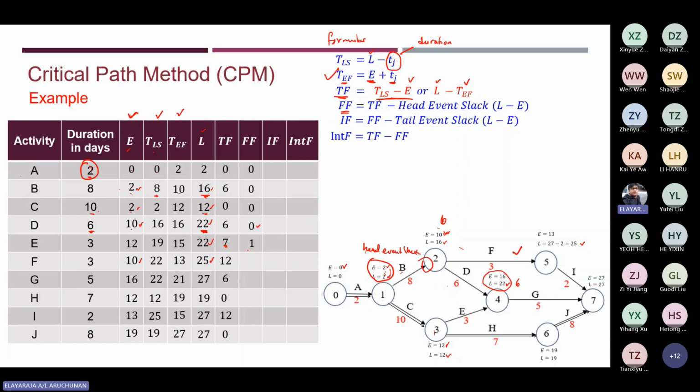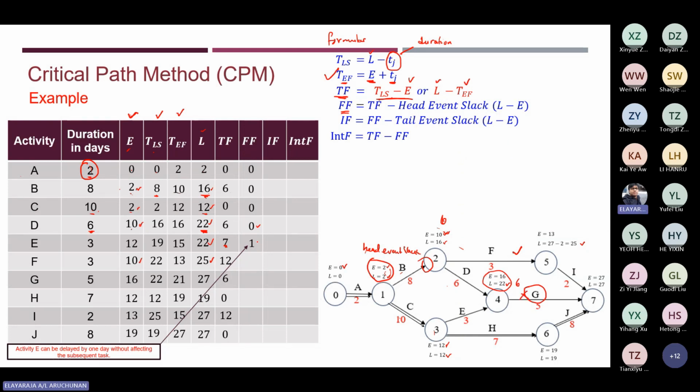Okay, what does 1 mean? That means the free float: you can say that activity E can be delayed by 1 day without affecting the subsequent task. If you take 1 day of delay, it will not affect the following activity, which is activity G. It will not affect it at all.